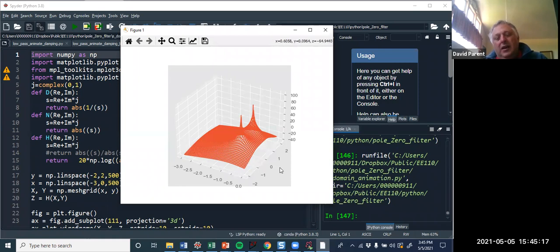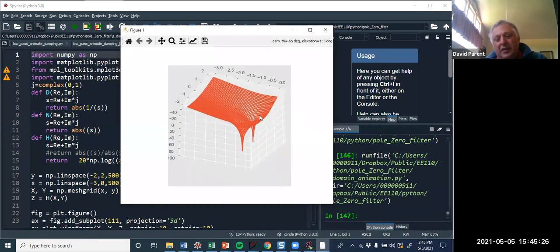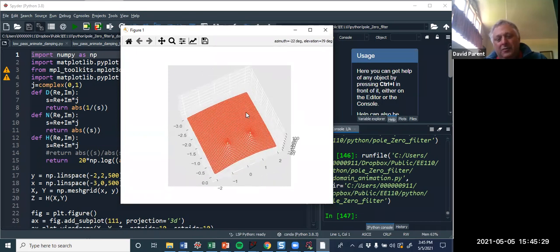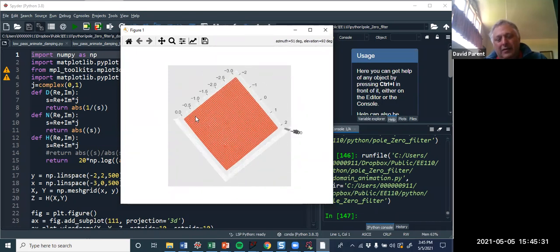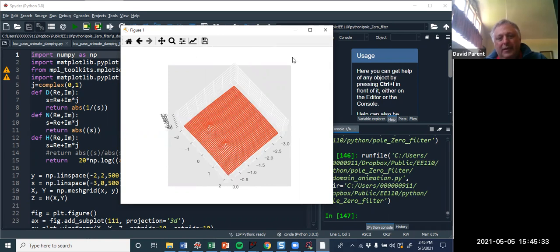So here we have two poles, right? Because the pole is where it goes to infinity. So if I rotate it like that, like straight at you, it's hard to control.